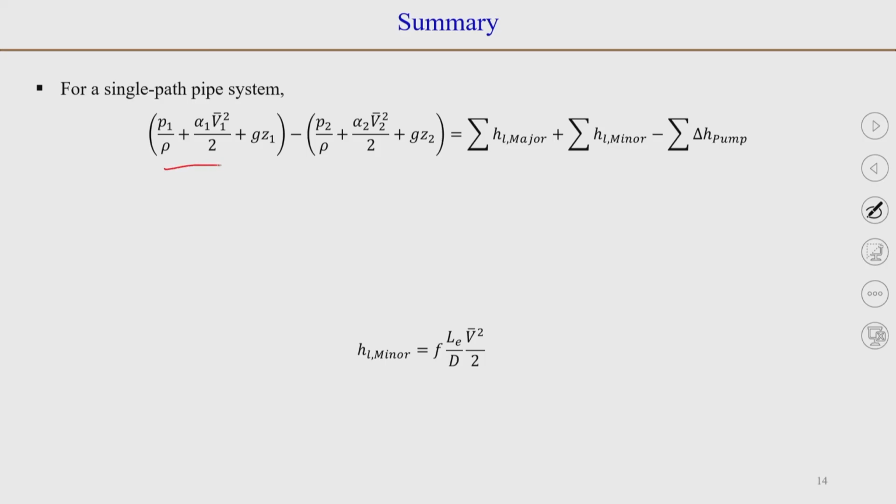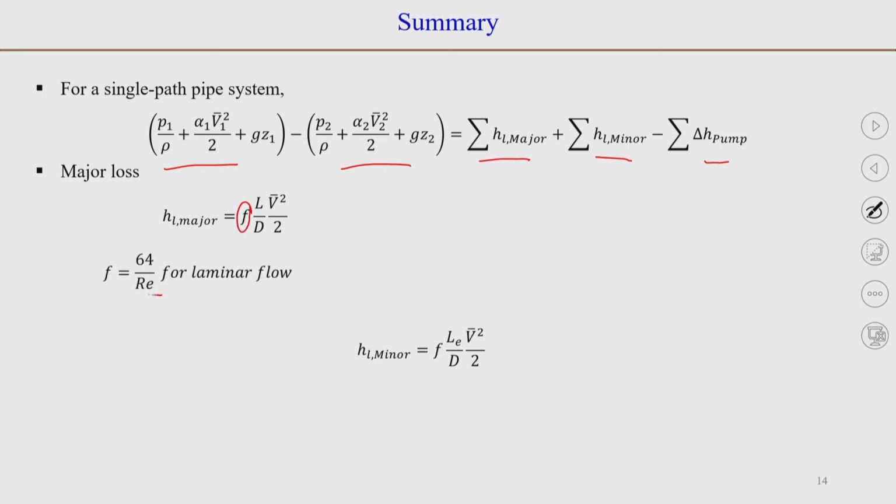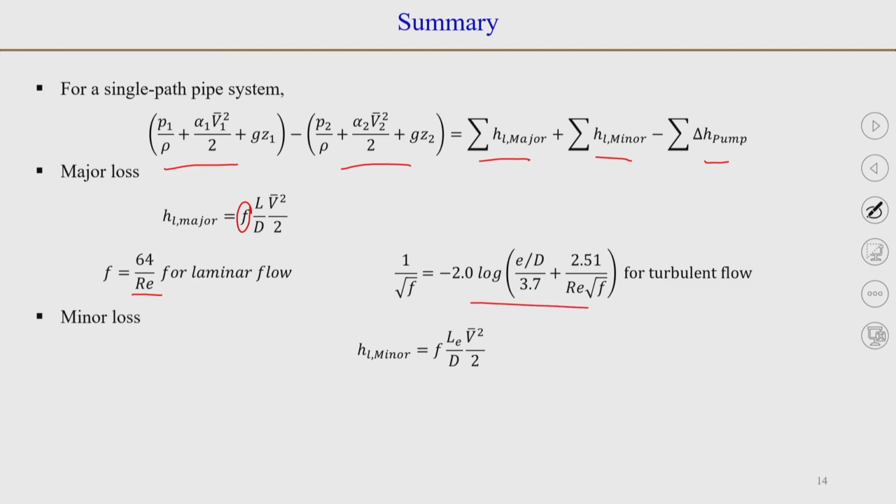It is the mechanical energy at point 1 minus mechanical energy at point 2 plus all major losses in all the straight pipe sections plus all the minor losses minus the head increase at the pump. The major losses we can obtain using this formula, and we need the friction factor. The friction factor is 64 by Re for laminar flow, and you can use Colebrook's relationship for turbulent flow. Minor losses we can define in terms of K, the minor loss coefficient, or in terms of equivalent length.